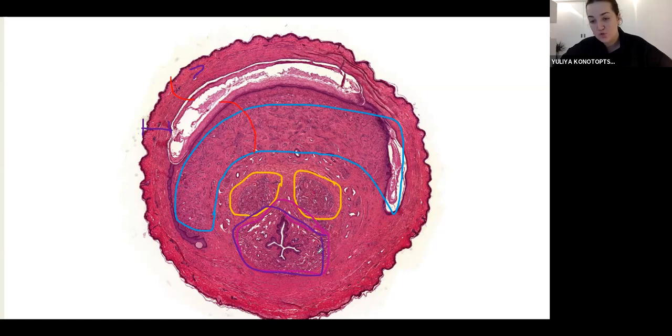This is corpus spongiosum. What is inside of the corpus spongiosum? Urethra. Okay, so this area right here, this is going to be urethra. This area right here, which is outside of the corpora cavernosa, this is going to be the tunica albuginea. Okay.